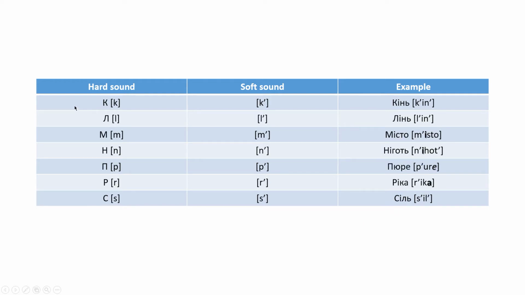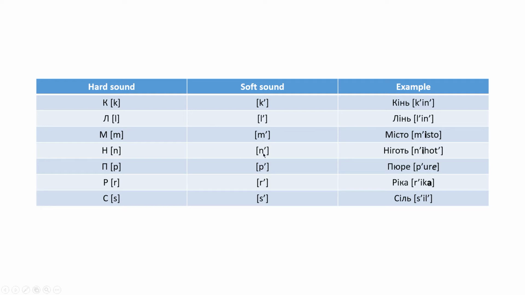Let's continue. К, к, к. Кінь, кінь. Л, л, л. Лінь, лінь. М, м, м. Місто, місто.